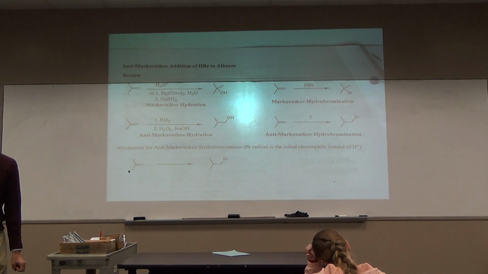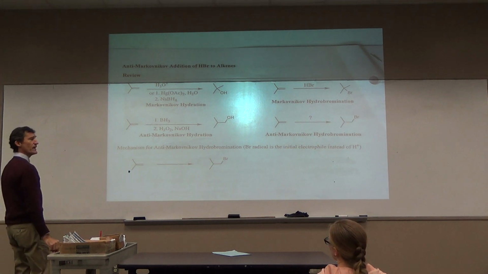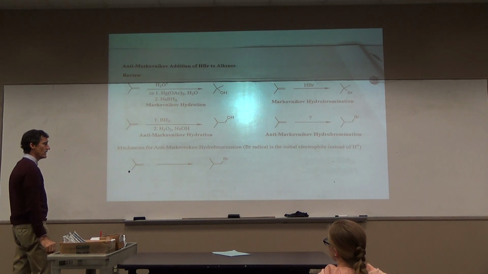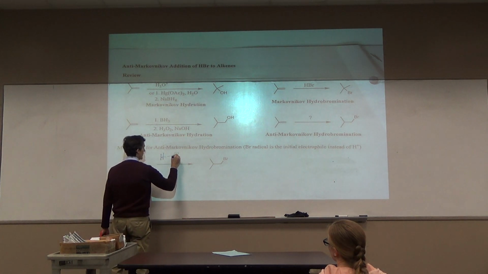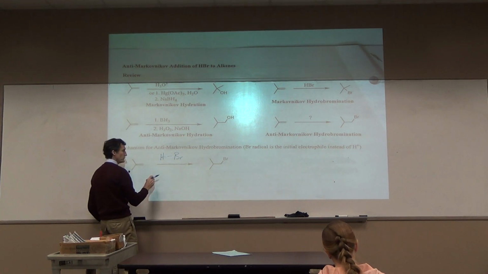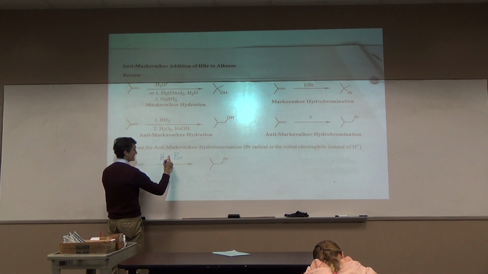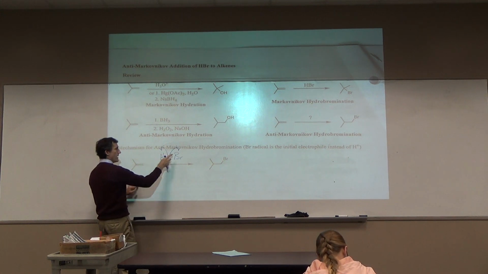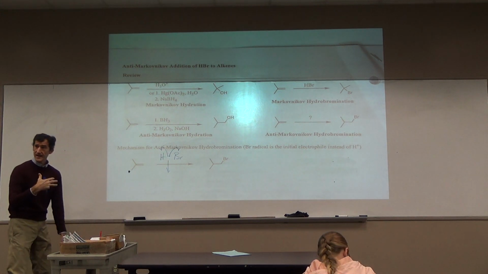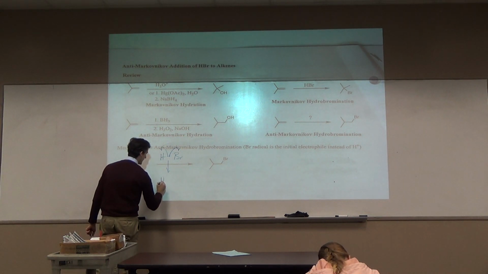Peroxide is a radical initiator. Okay? We don't have Br2, we've got HBr. Well, the HBr can also do the radical. You know, we just did carbon-halogen, making radicals. This can also do radical. And instead of ionizing to make H plus and Br minus, we can do radical.